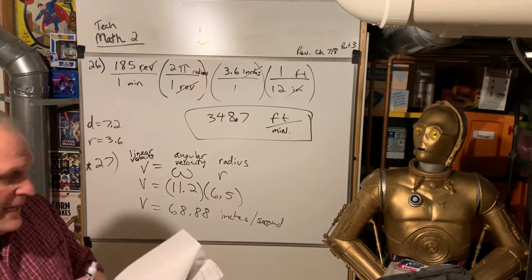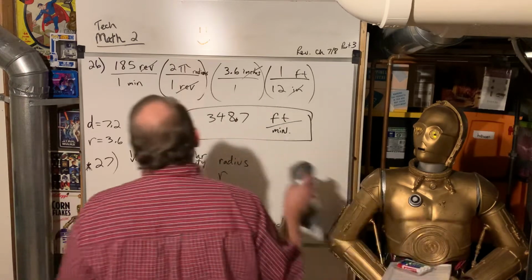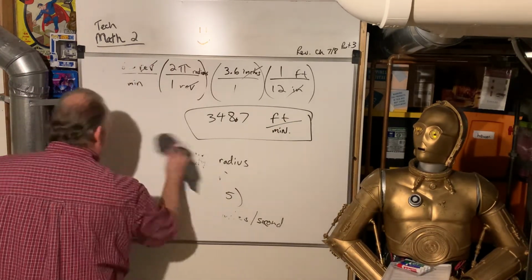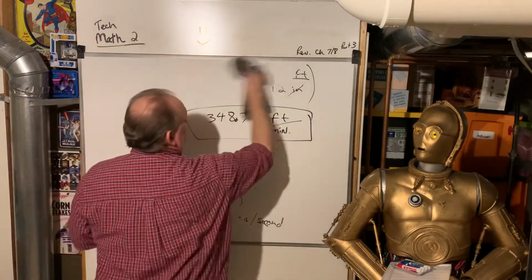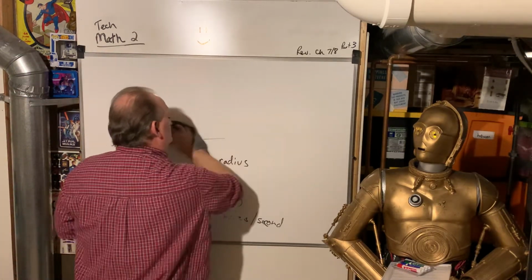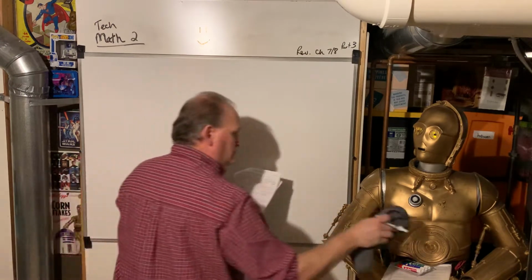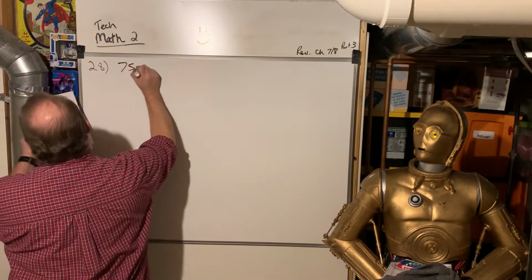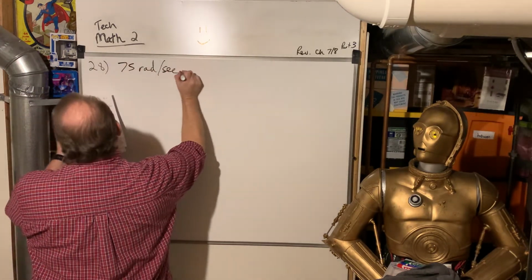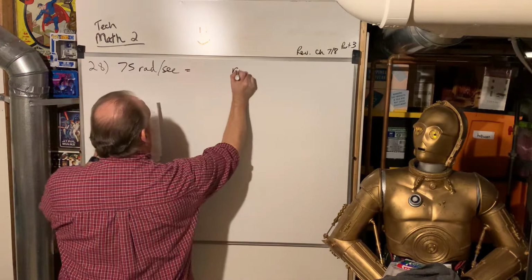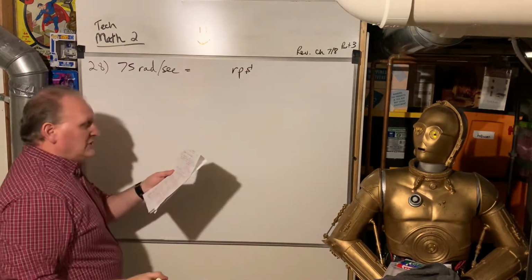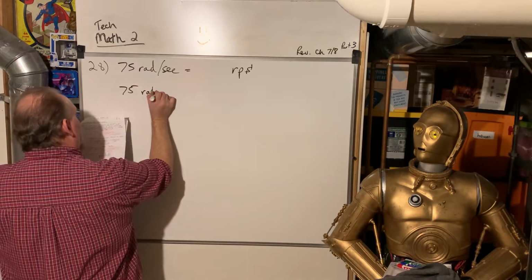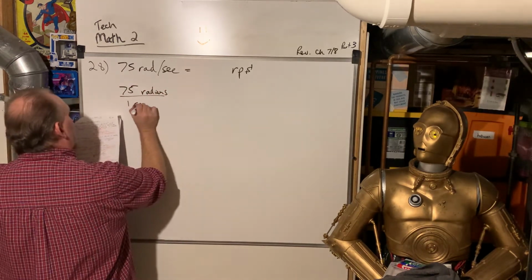Okay, and then the rest of this is just kind of conversions, so let's fly through that. 28 to 34. So 28 is 75 radians per second. Is how many revolutions per second? So 75 radians in 1 second.